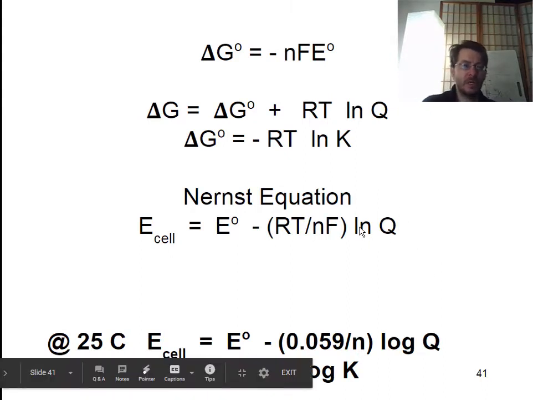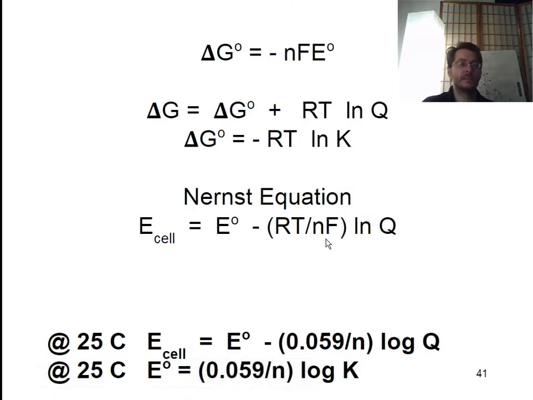Now this is a natural log, and it's kind of awkward. R is a constant, n is a constant, Faraday is a constant, and the temperature, if we run it close to room temperature, we can substitute in, so all of these constants can be combined.